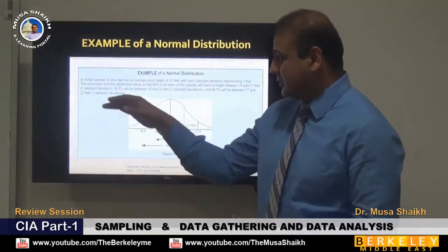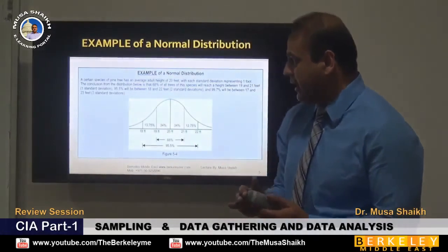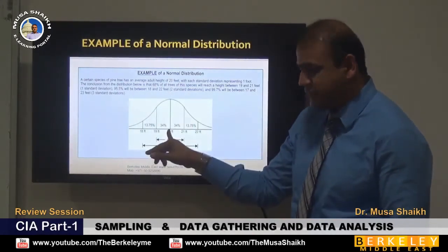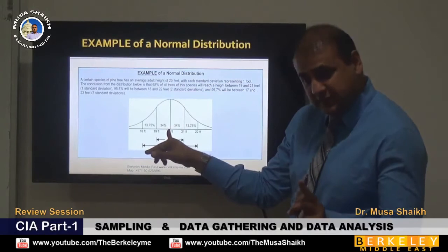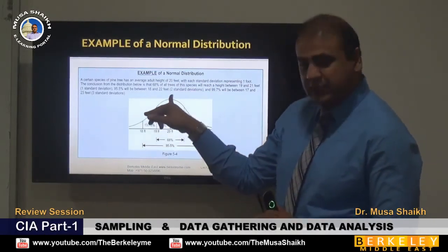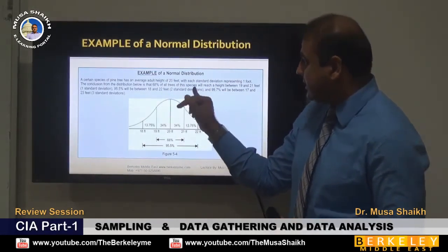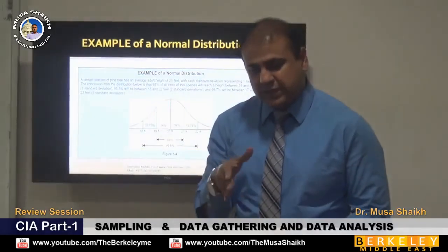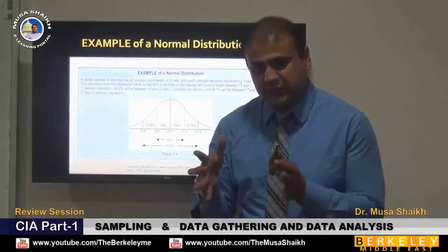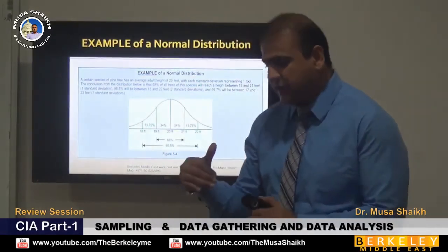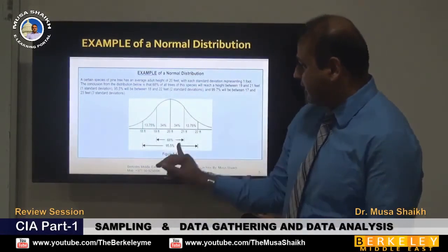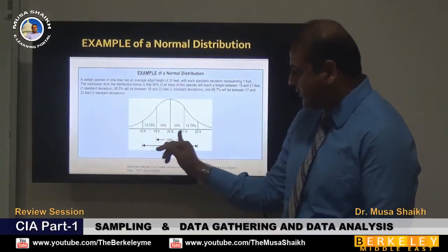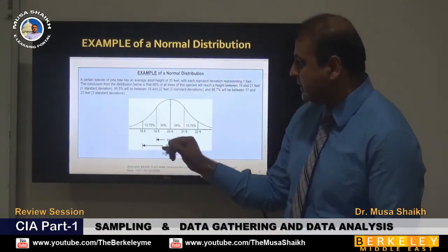So a certain species of pine tree has an average adult height of 20. Average is always in the center, so he just marked it as 20. Then he said with standard deviation. Deviation is difference. So standard deviation means on average, they deviate by 1 from the average on the right side.